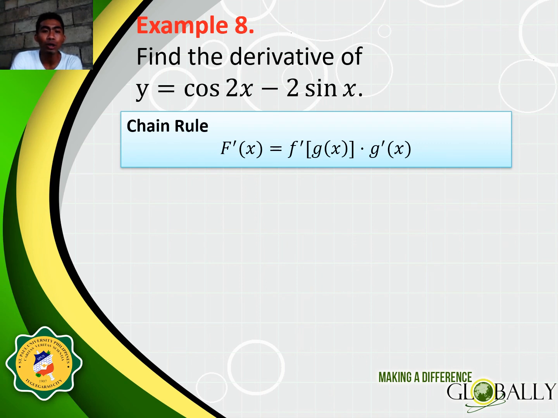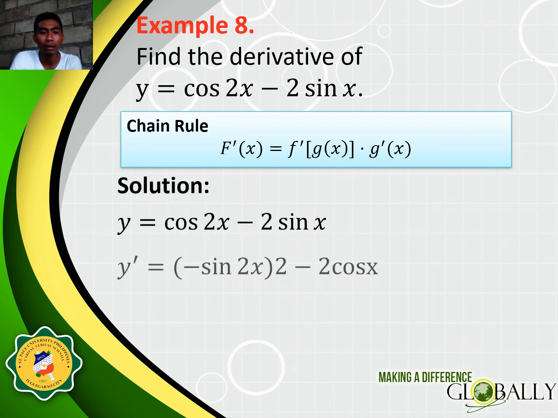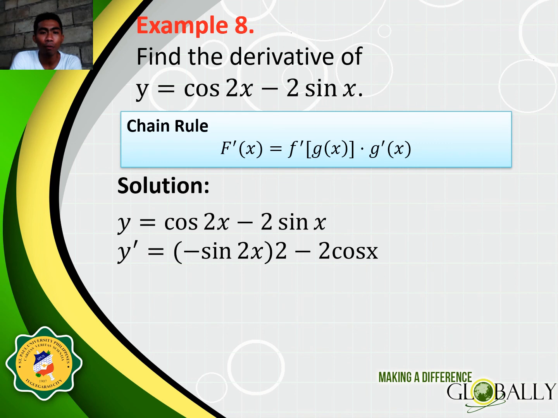So following the chain rule, we get the derivative of cosine, that is negative sine. Copy the angle 2x times the derivative of 2x, that is 2, minus 2 times the derivative of sine x, that is cosine x.